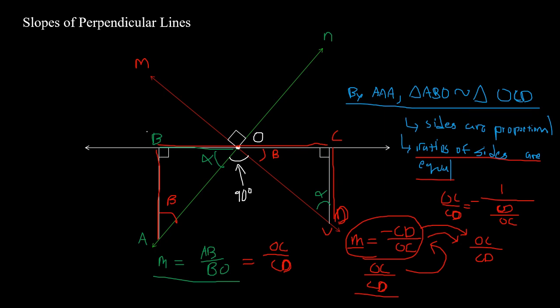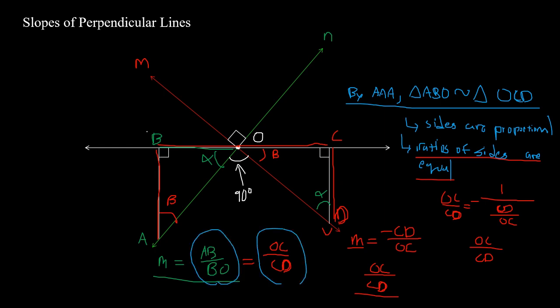And if you look at this, AB over BO is equal to OC over CD. And what is OC over CD also equal to? OC over CD is also equal to -1 over 1 over CD over OC.